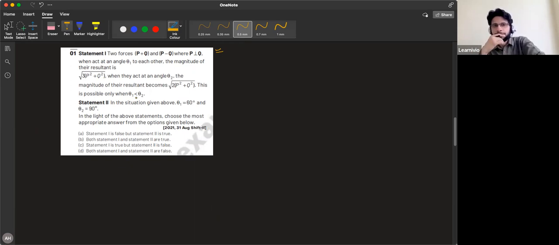We'll solve it together. For solving numericals, the first step is to at least understand the question. First step, note down the given terms. Second, write the formula that we'll use here, and we'll solve it together.